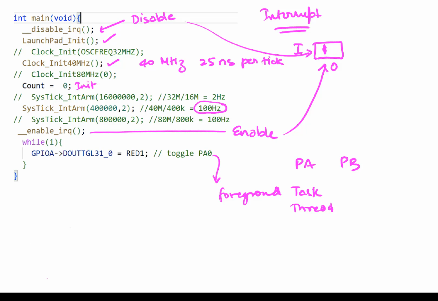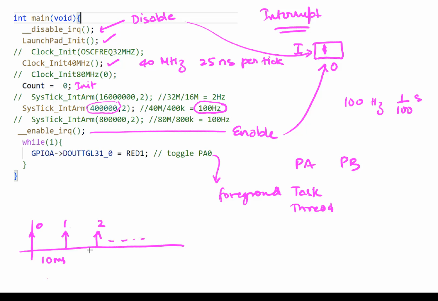Why do we put 400,000 as our parameter into the SysTick interrupt arm? Where did that come from? Let's look at the initialization. We want our count to be incremented at 100 hertz, which is 1/100th of a second, or 10 milliseconds. Every 10 milliseconds it's going to change its value: 0, then 1, then 2.